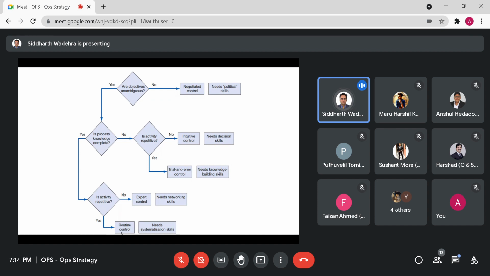For example, you might have gone to malls and seen a paper in one of those janitor rooms, or the rooms close to the washroom, where the janitor comes in and ticks the checklist: the sink is clean, the floors have been mopped, and so on. That's typically an example of a routine control.